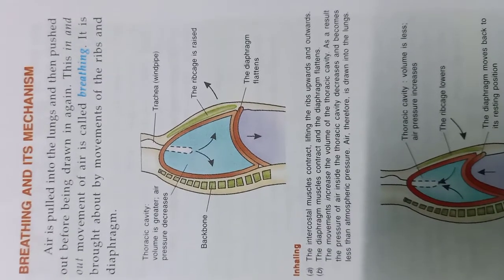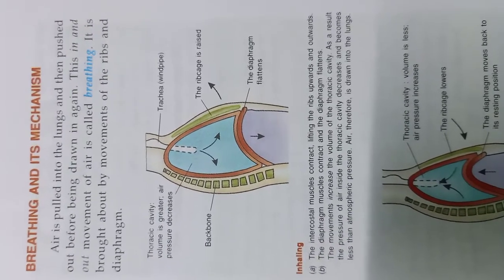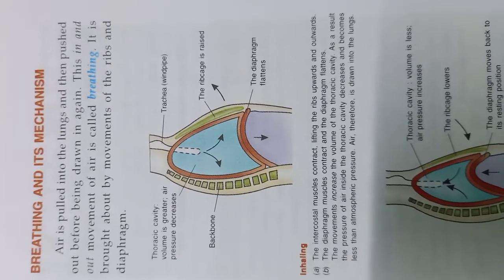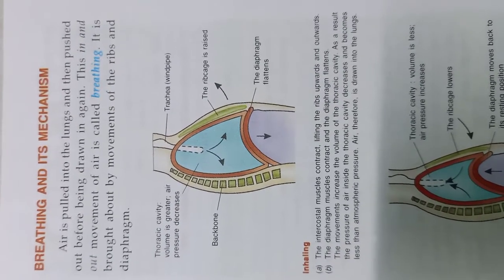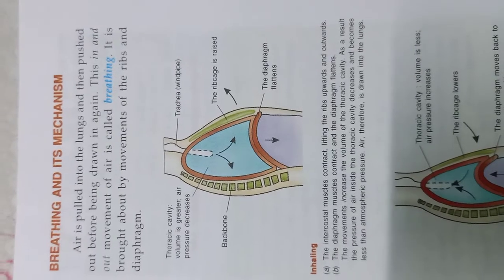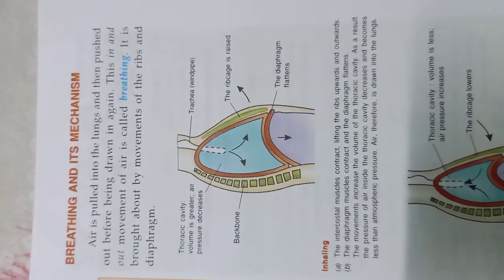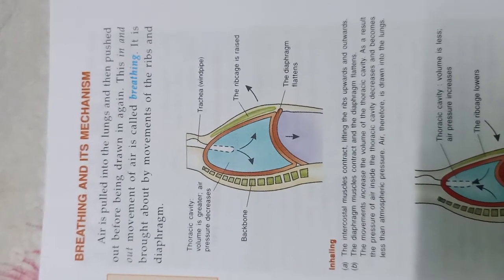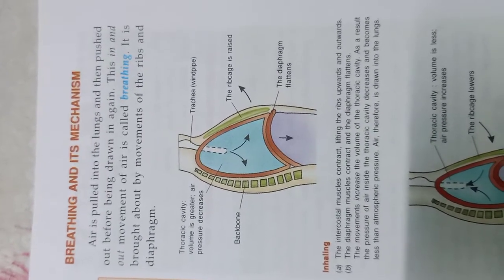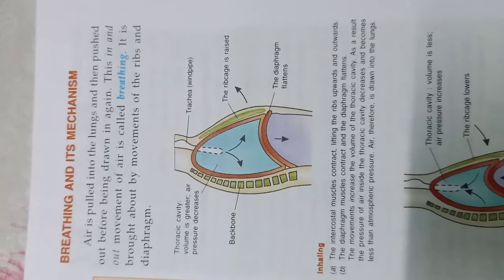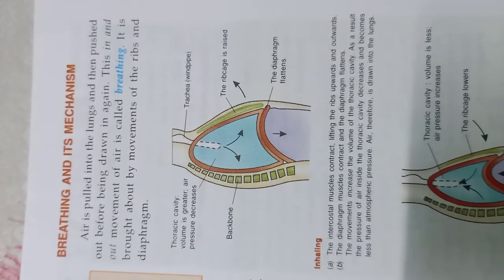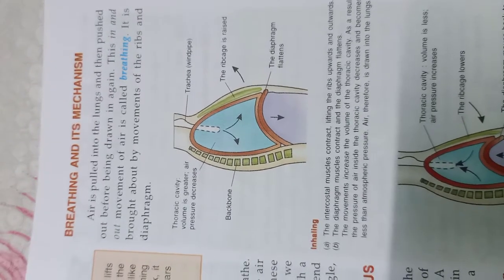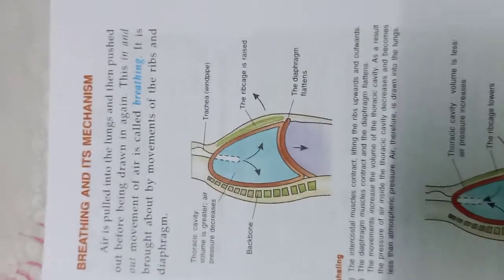You all know that all living things breathe, and the breathing concept is that air is pulled into the lungs and then pushed out before being drawn in again. It is brought about by the movements of the ribs and diaphragm. Now this in and out movement comes from the ribs and from the diaphragm.